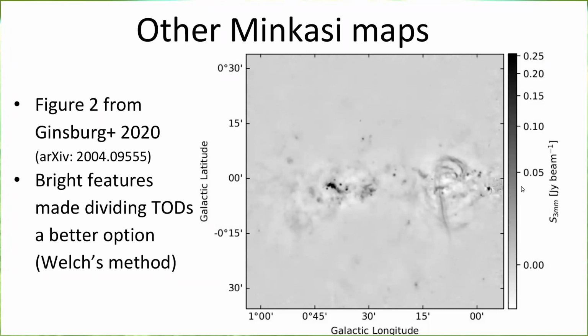Black is very bright. White would actually be a bit negative. But yeah, we do a good job of recovering large scales, and there's a little bit of room for improvement yet with this new method.